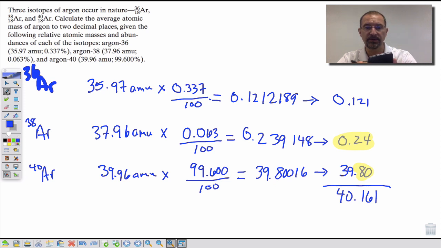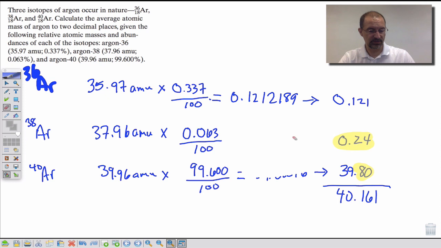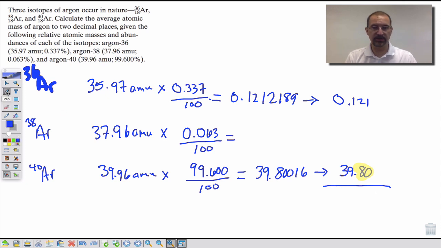Okay, that first number is correct. 37.96 times 0.063 divided by 100. There it is. I dropped a 0 in that second number. So let me go back and fix that. Whoops, that erased way too much. Let me make that a little smaller. So these numbers are different, which is going to affect this number here. You've got to have your brain engaged when you're doing this.